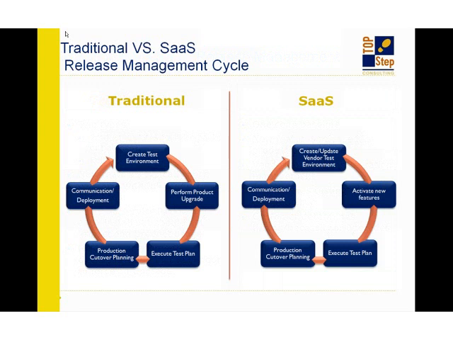So what is a release management cycle, and how do they compare between the two types of models? In a traditional model, if you have to do a major upgrade, there's usually a test environment that's put together by your IT department where they copy or set up a very similar production-like environment, and they do the steps to perform the product upgrade, and then they go through a very extensive test plan usually to make sure of the feature functionality and data, are any data migration impacts happening, and the interfaces with the other products that are on older versions, will that still work?